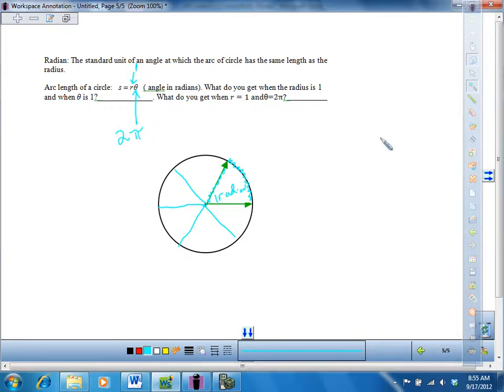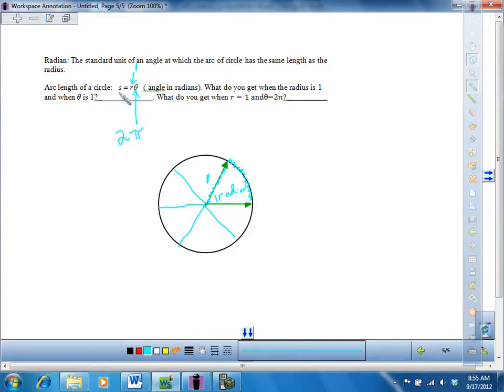So if I plug in a radius of 1 and an angle of 2 pi, how many radians do I get? What's 1 times 2 pi? 2 pi. So if the radius is 1, the distance around the circle is 2 pi.